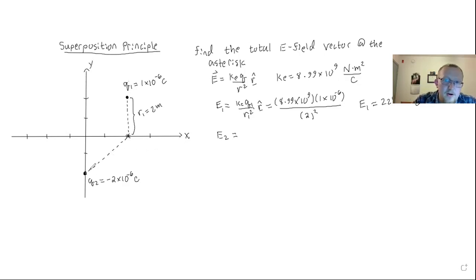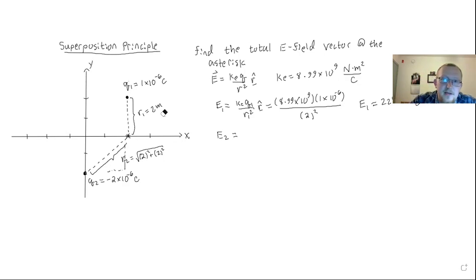We need to figure out what R2 is, and to do that, we can use Pythagoras' theorem. R2 has an X component of 2 and a Y component of 2 as well. So 2 squared plus 2 squared is 8.